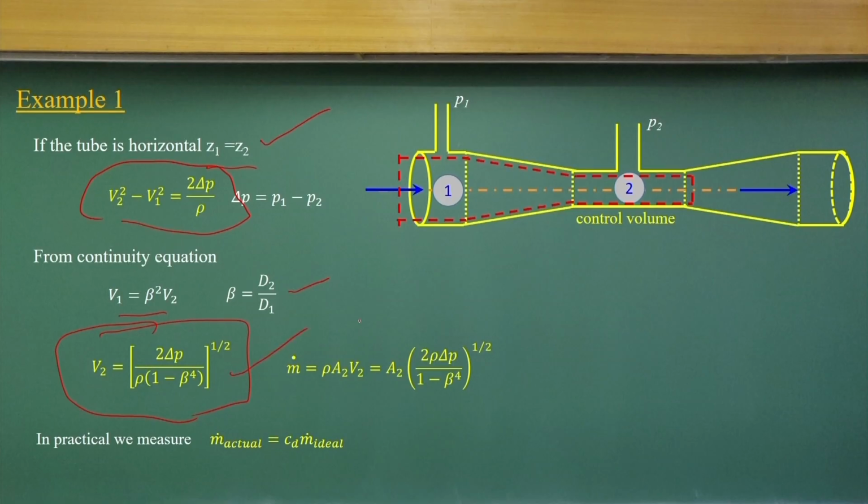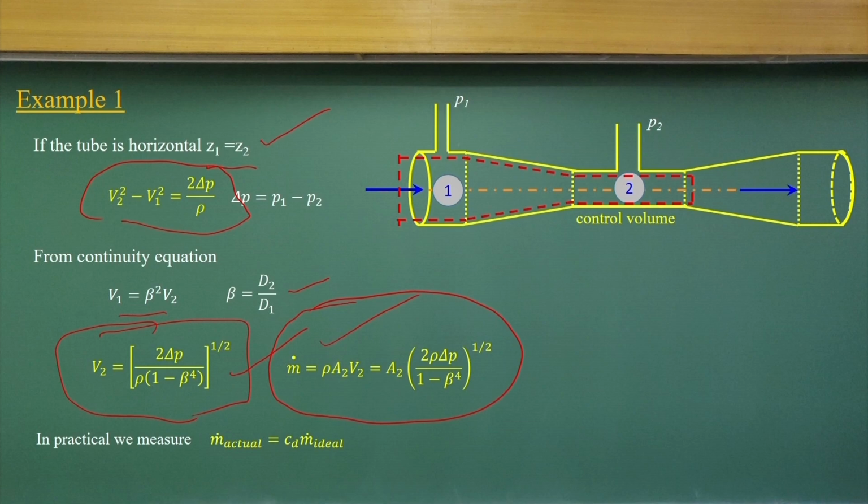That is what we will get, and finally, the mass flux will be rho A V. So, the area at section 2 we know, V2 we know, then we can compute what will be the mass flux.